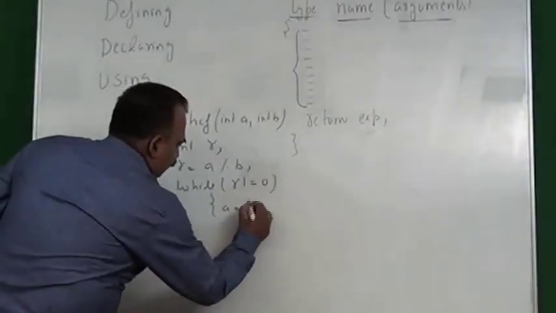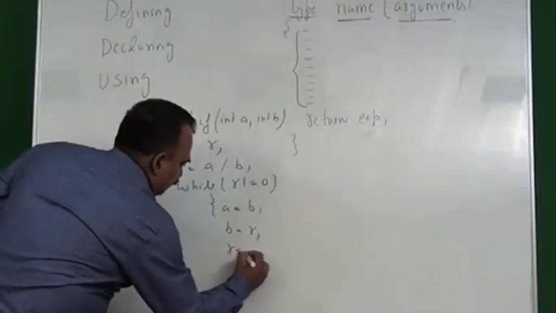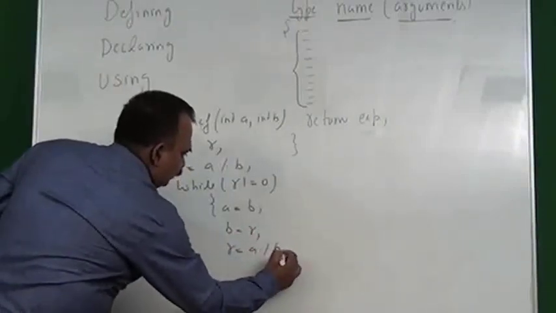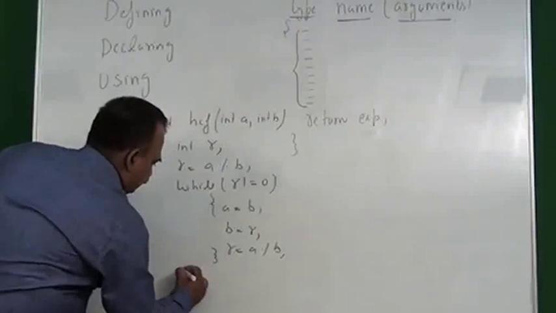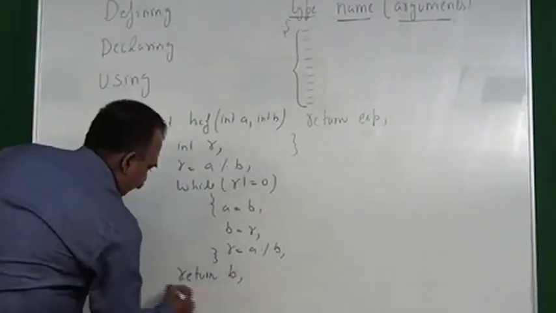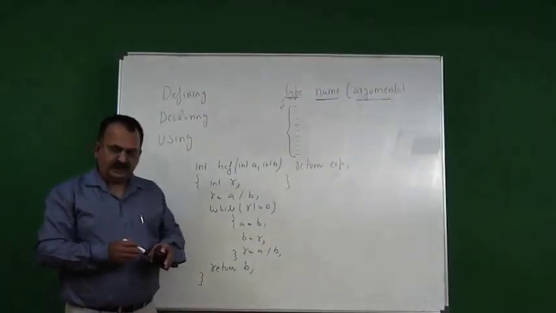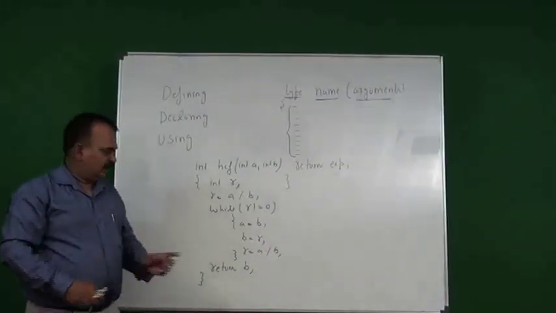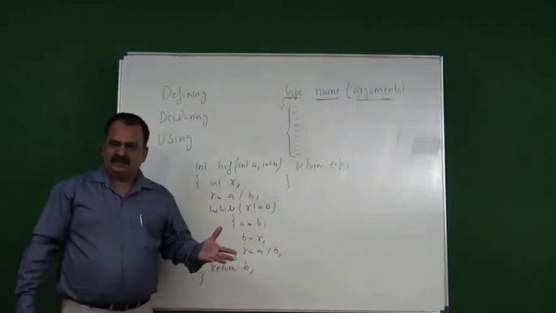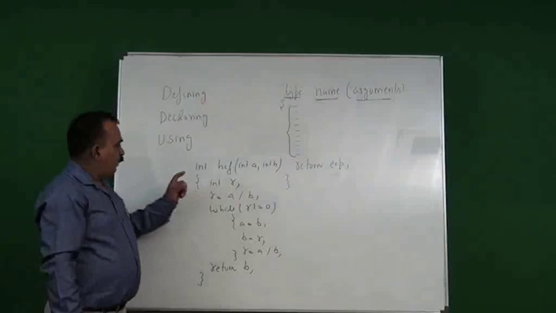A will be equal to B, B is equal to R, and R is equal to A % B. And the last step, that is return result, and that result is the HCF of the two given numbers. Here it is indicated as variable B. B is the divisor that will produce a result equal to 0.